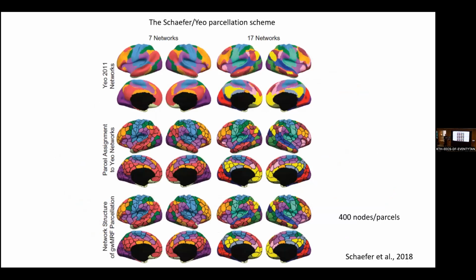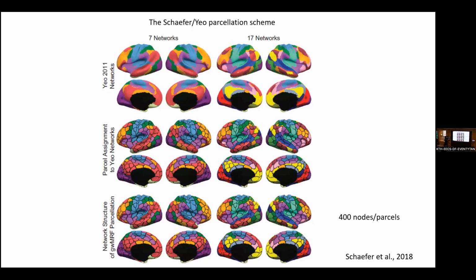And these parcellation schemes, there are plenty of them available to use. This is an example which is quite popular, called the Schaefer-Yeo parcellation scheme. And you see they have used different techniques to parcellate the brain into different regions. And you can yourself choose which granularity you want to use.